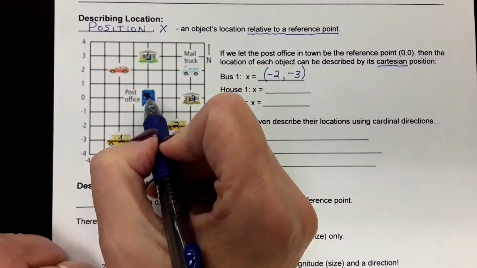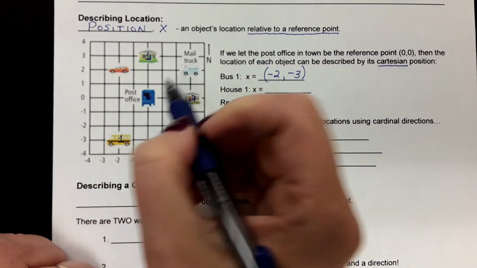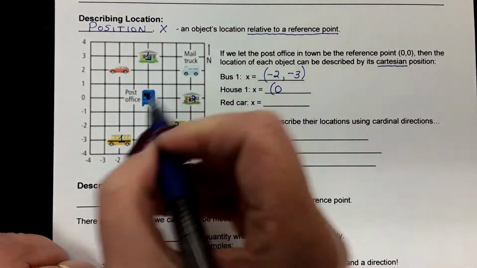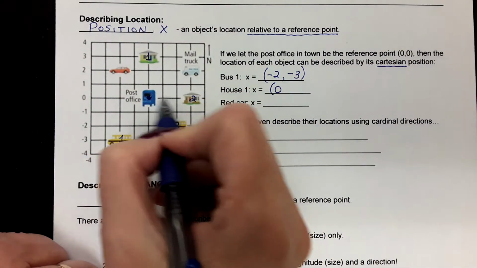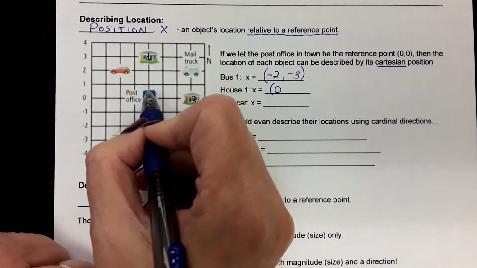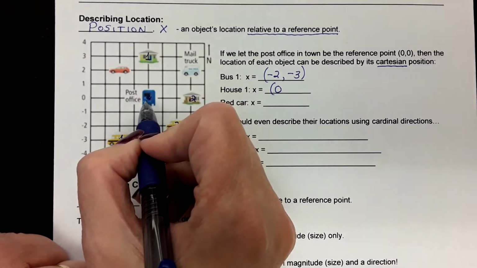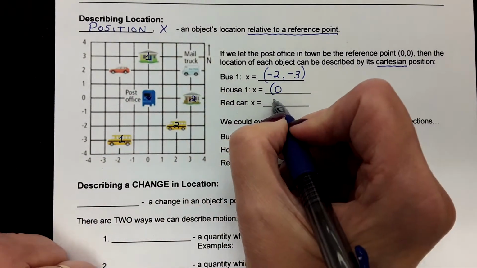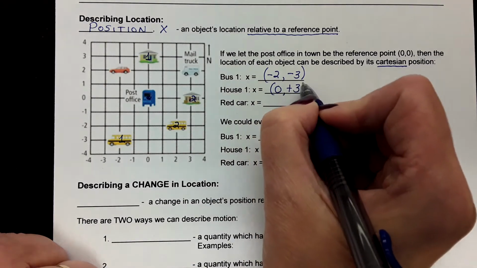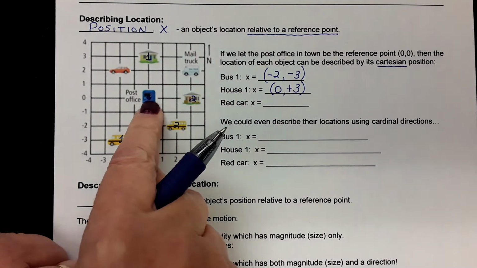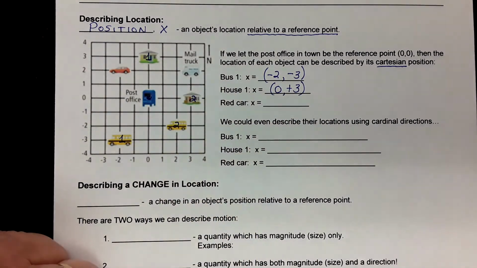Now, let's look at house 1. House 1 is located from the post office, 0 in the positive or negative X direction. We don't have to go left or right. We're just going to go up 3, and that's in the positive Y direction, so that would be +3. So 0, +3. That's the position of house 1 from the post office. Now let's try the red car.